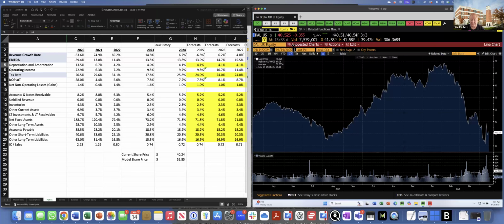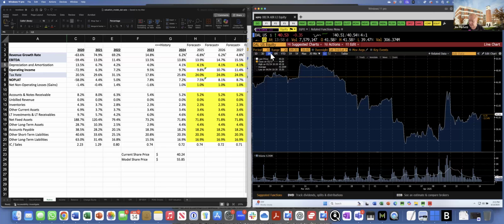Even in the last week, share prices have gone from as high as 44 to as low as 40. So depending on where you were in this range, you might have slightly different numbers.